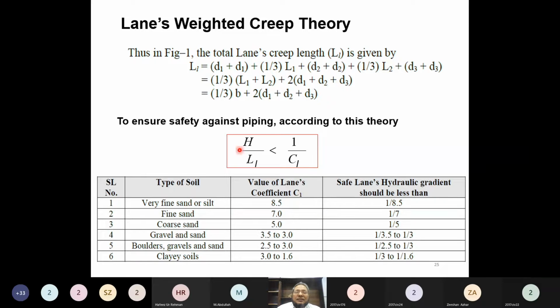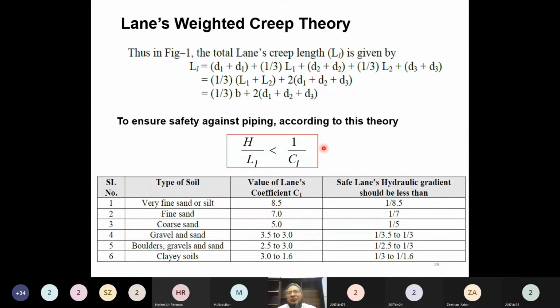And also Lane has given a different creep length concept. According to him, the horizontal creep length does not matter much. Horizontal floor length.